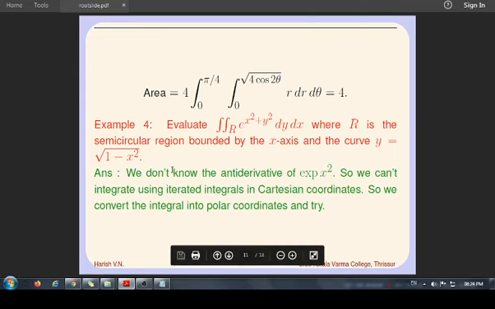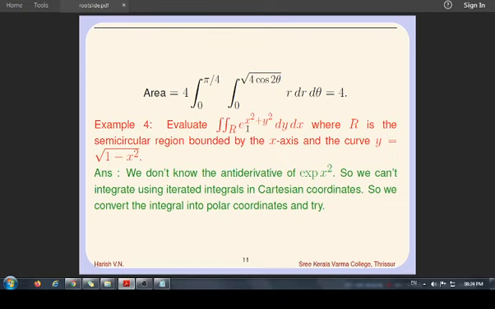So let us start integrating. By Fubini's theorem, double integral over R is an iterated integral: integration with respect to y first, then with respect to x, or the other way around. But if you are integrating with respect to x first, keeping y fixed, what is the integral of e to the power x square plus y square with respect to x? Essentially asking what is the integral of e to the power x square.